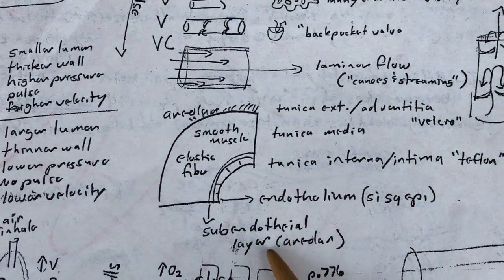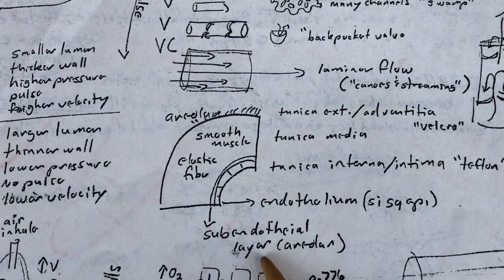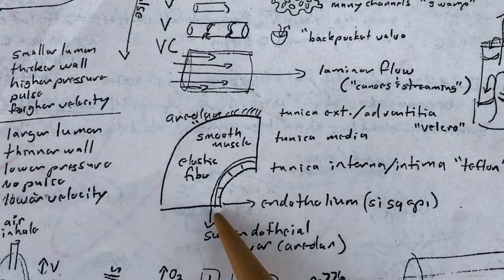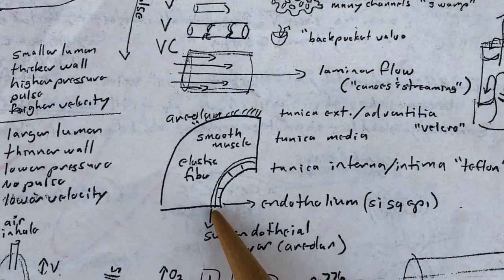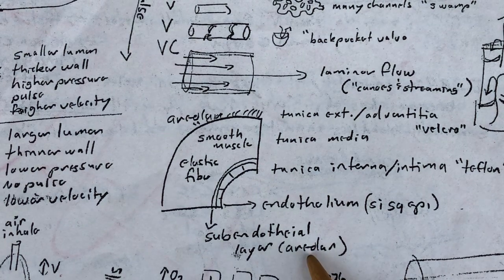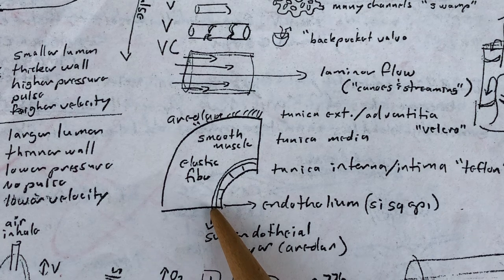Now, in the larger blood vessels, the endothelium may have what's called a subendothelial layer, and it is made of areolar tissue. This is the area immediately below the basement membrane of this simple squamous epithelium. The significance is, because it's made of areolar tissue, there's a possibility of fat being deposited inside that area right there.